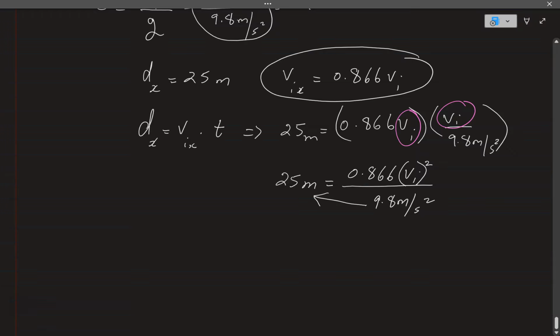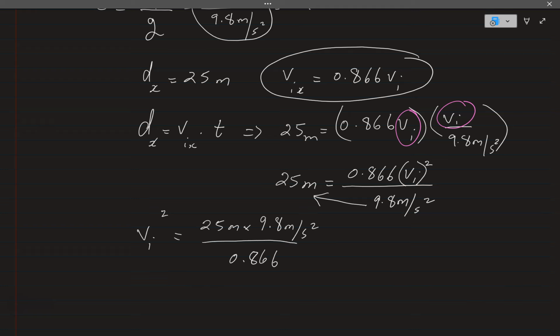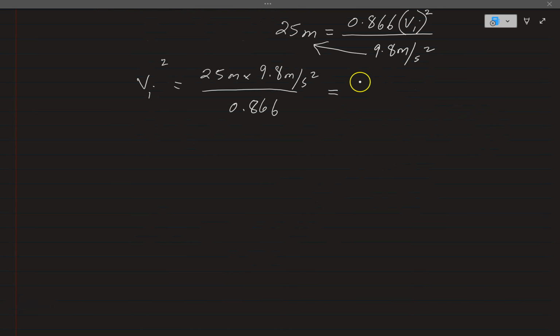Multiply these two together, divided by 0.866. So VI squared is equal to 25 meters times 9.8 meters per second squared divided by 0.866. Here is what we get: 283 meters squared per second squared.